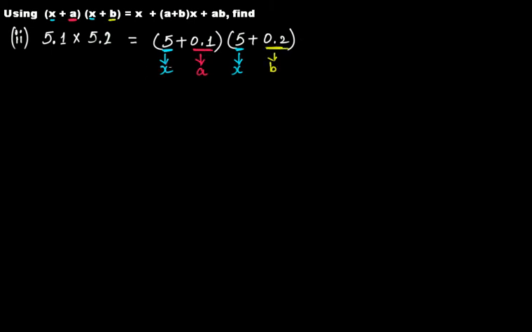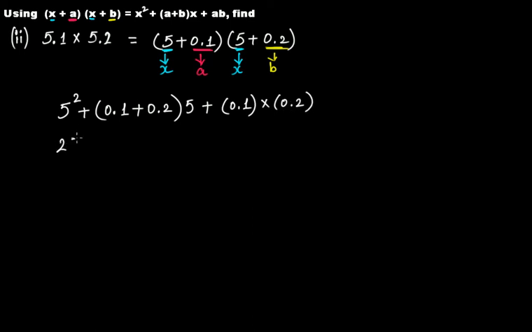Right. Now, (x + a)(x + b) is equal to x². This is x². So x² means what? 5² plus (a + b)x means what? (0.1 + 0.2) multiplied by 5, plus ab means 0.1 multiplied by 0.2.